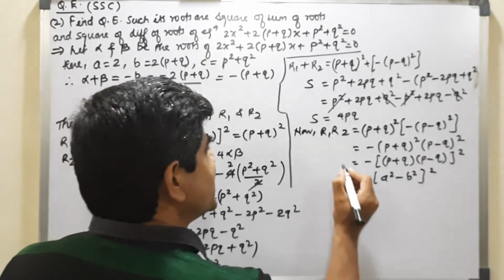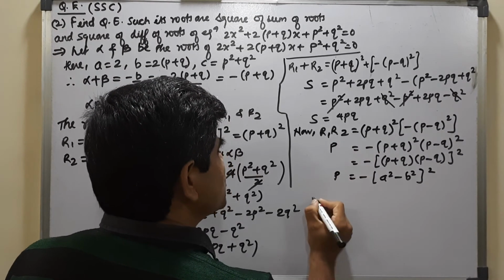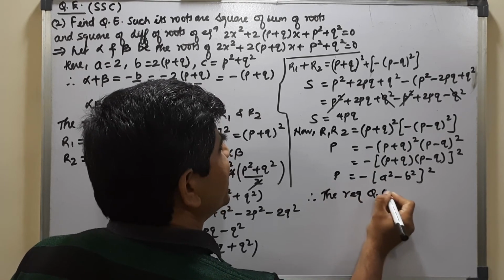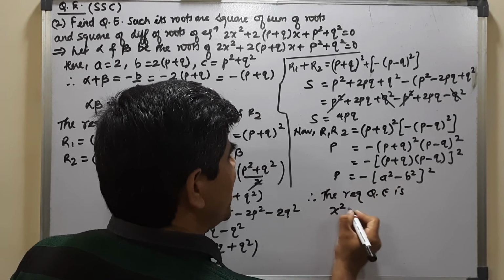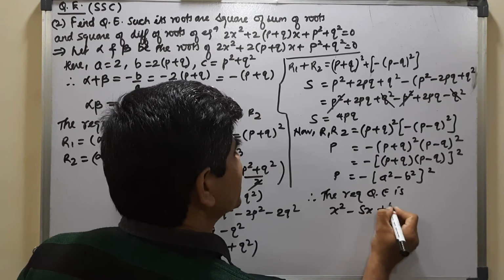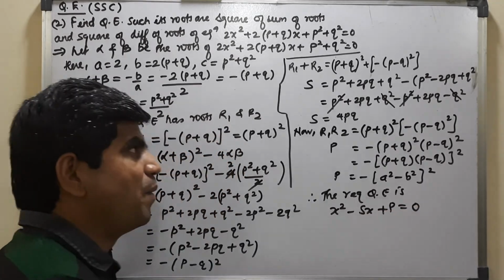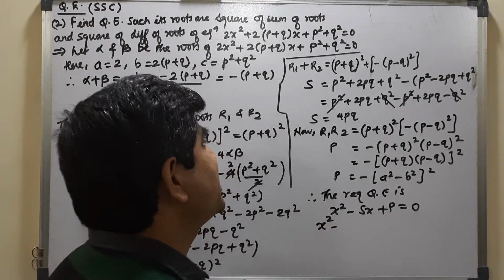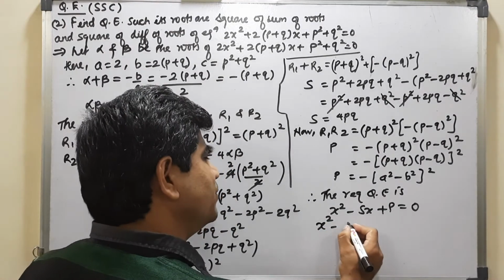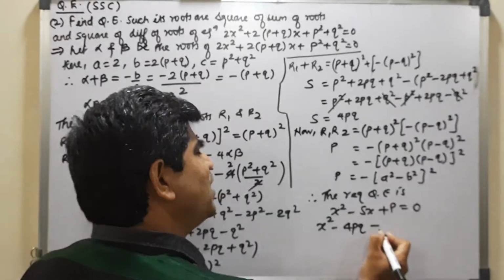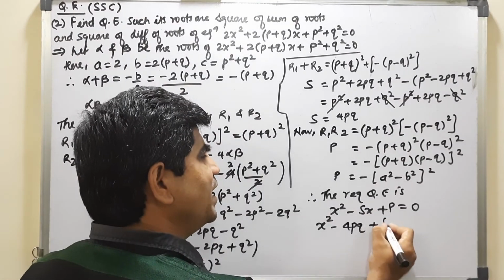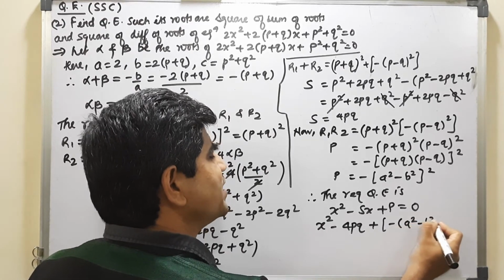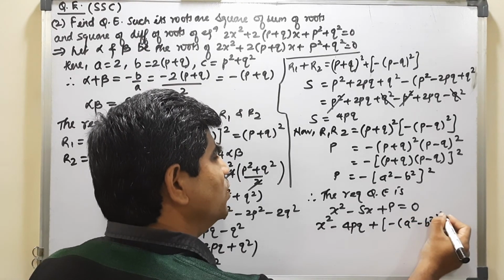Let me call this as P, that is product. So therefore, the required quadratic equation is x square minus sx plus p is equal to 0. So what is x square? No problem. What is s? 4pq. And what is p? P is minus into bracket a square minus b square the whole square.